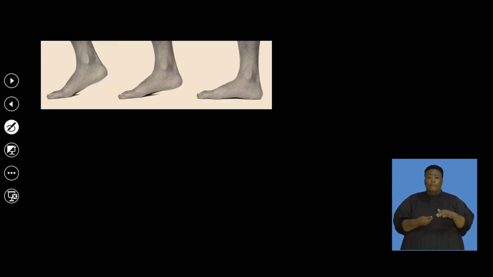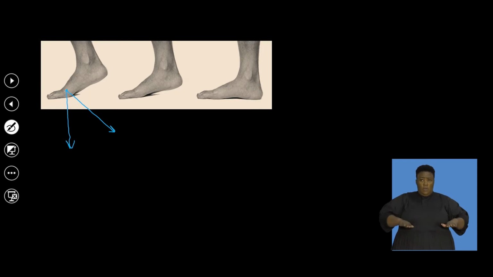So we have a foot pushing down. The foot pushes down on the floor. And in fact, your foot pushes a little bit backwards. But as a consequence of your foot pushing downwards, okay, the floor pushes back on you.